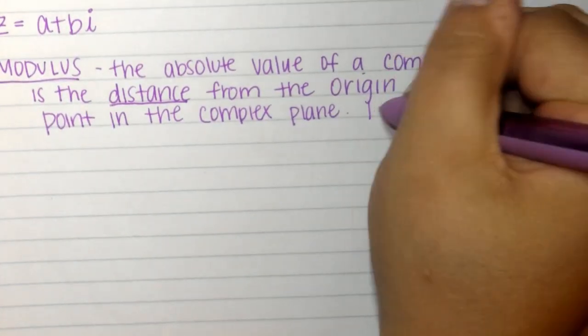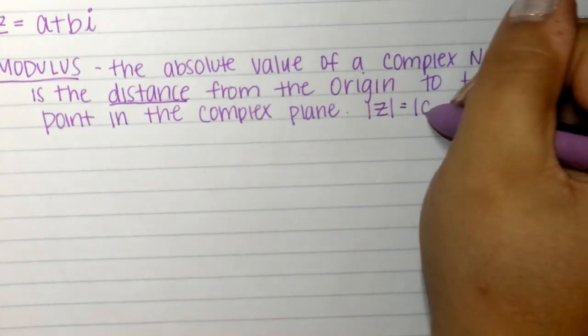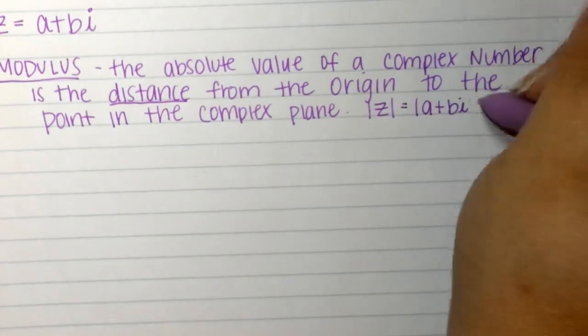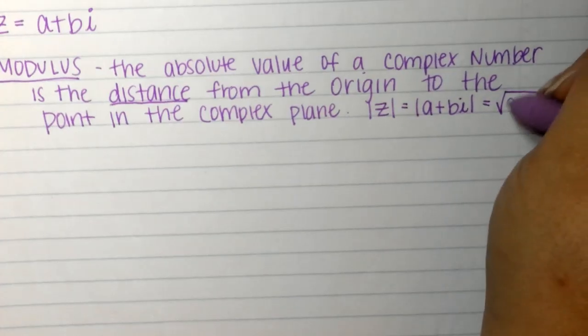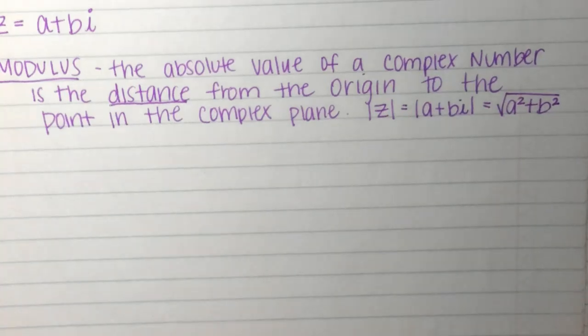So the absolute value of z is the absolute value of a plus bi. That is just a squared plus b squared, square root it. When we dealt with vectors, what did we call this? Magnitude. It's the same thing. These are just the same thing, different words.